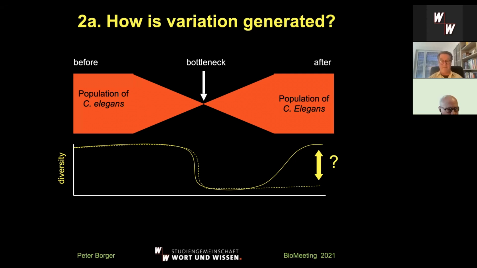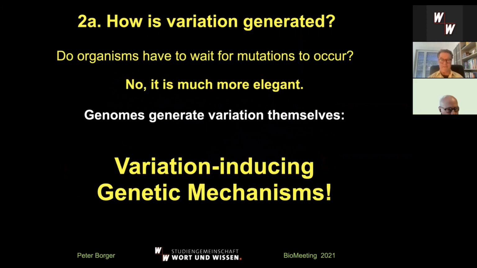And of course, they are peculiar, because if we are only dealing with point mutations and errors in genetic code, they are hard to explain. So this hints already at a mechanism in the genome that is actively generating variation.